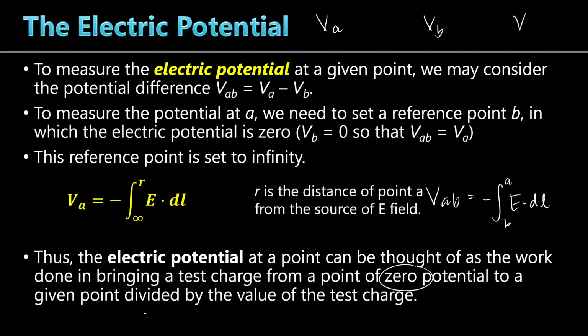To a given point kung saan natin hinahanap yung electric potential. Again, work done per unit charge pa rin ito. Ang pinagkaiba lang, yung pinanggalingan ng test charge is a point kung saan zero ang electric potential. And conveniently, we set that point to infinity, no?